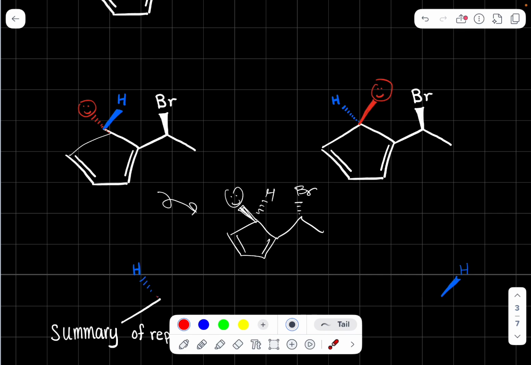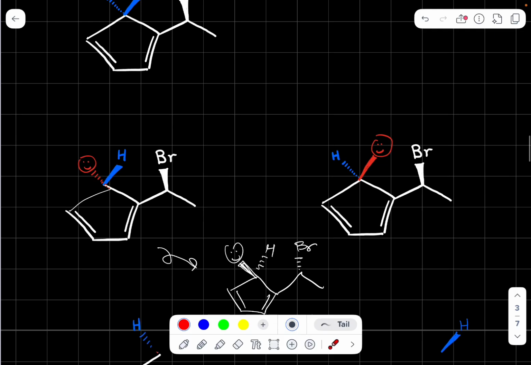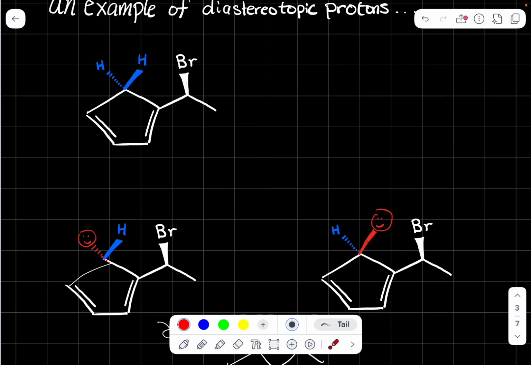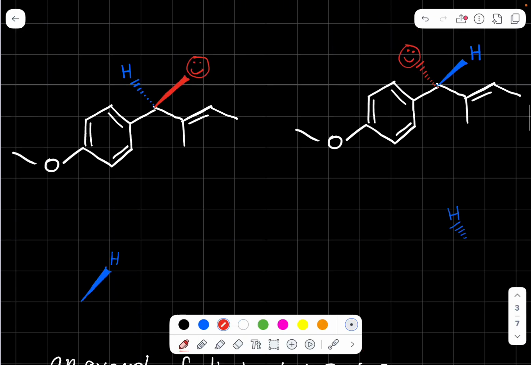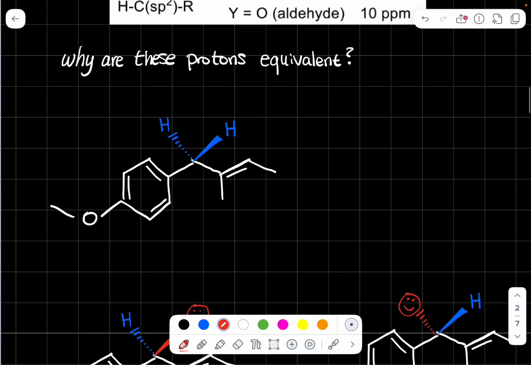This molecule can never become this, therefore they are diastereomers, and these protons are chemically distinct. So if we were to label them, for example, I would say this is HA and this is HB, but if I were to label these protons up here, I can label them as the same thing.